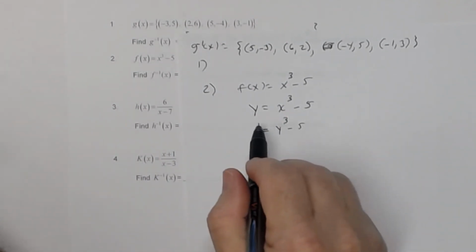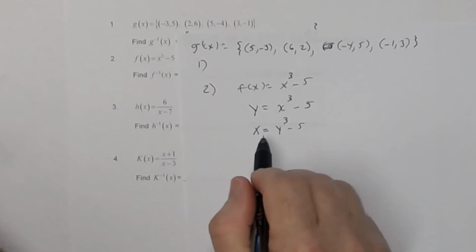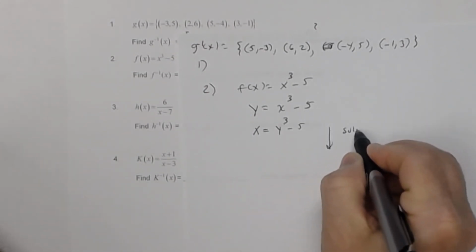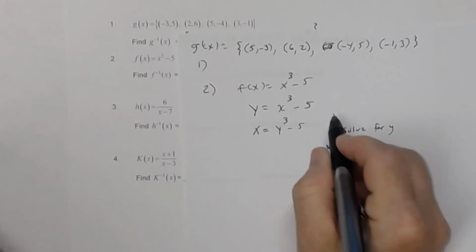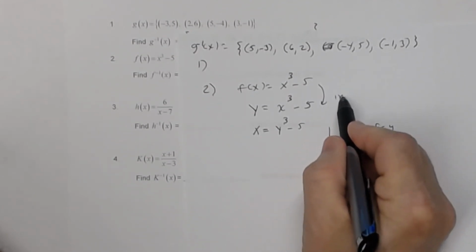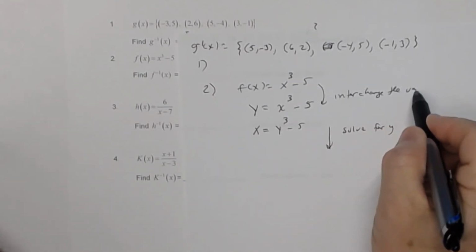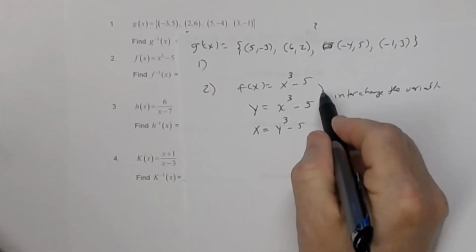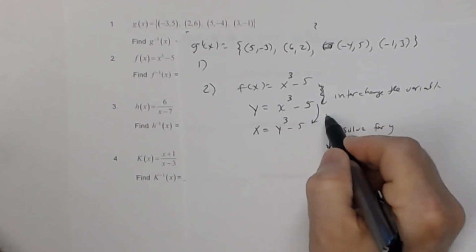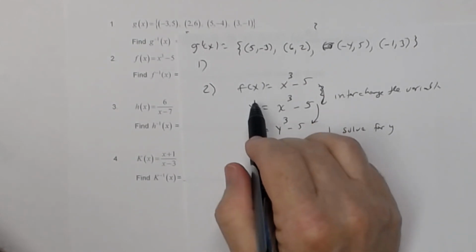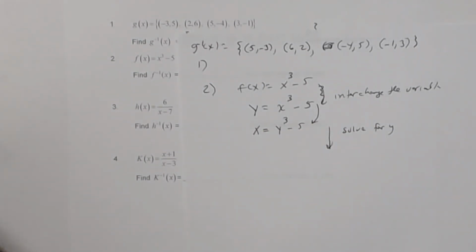Once you interchange the variables, you're going to solve for y. To go from the original function to here, all I did was replace f of x with y. To go from here to here, we interchange the variables. And then you just solve for y.